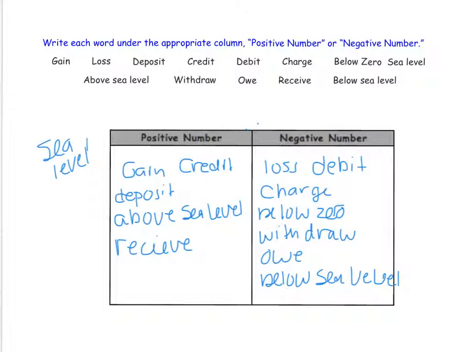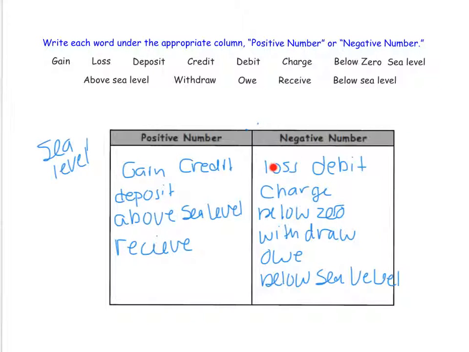All right, how did we do? I have gain, credit, deposit, above sea level, receive over here. I didn't have one to choose for above 0, but that would have been over here as well. All of these mean a positive number.